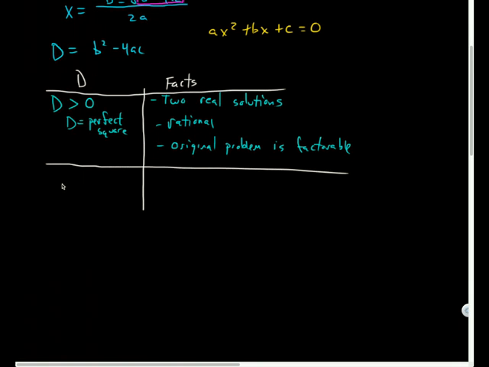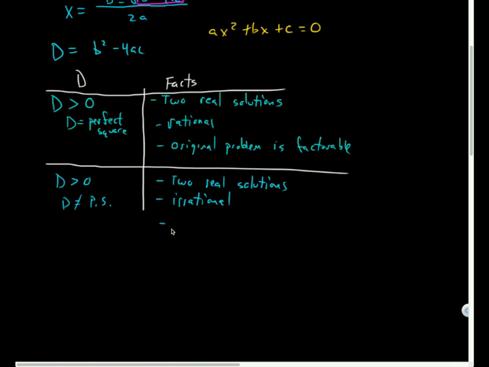So let's consider the other case of when d is positive and d is not a perfect square. Well, I'll still have two real solutions, except this time, because the radical won't simplify, my answer will be irrational, all right? Meaning if I tried to find a decimal approximation of it, it would be infinitely long and non-repeating.